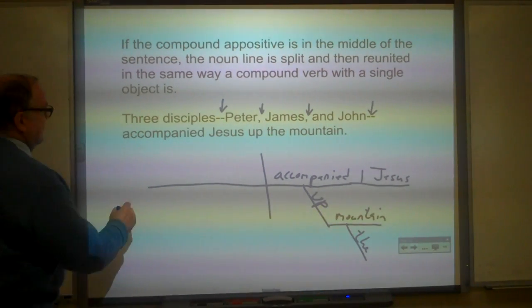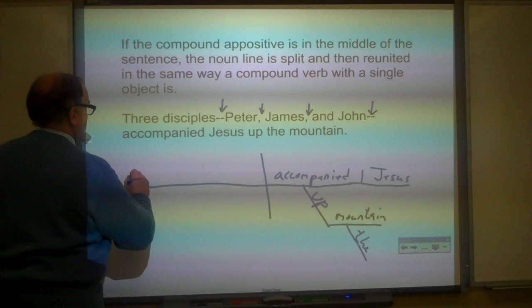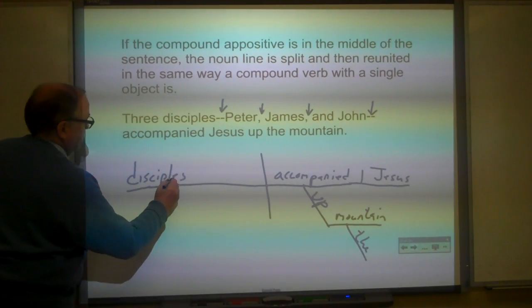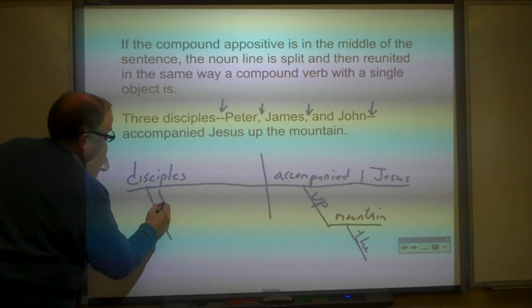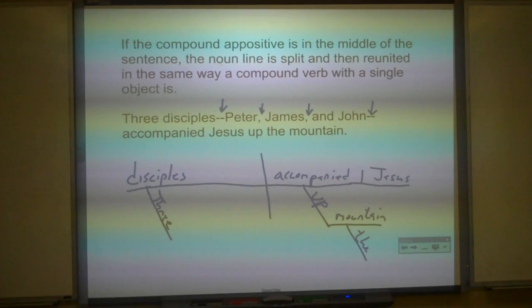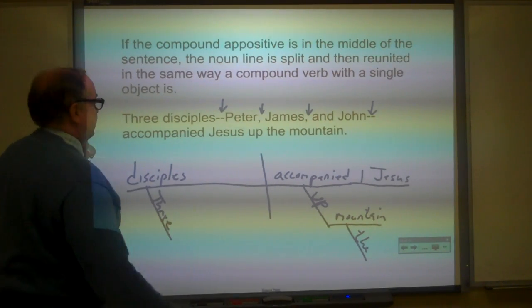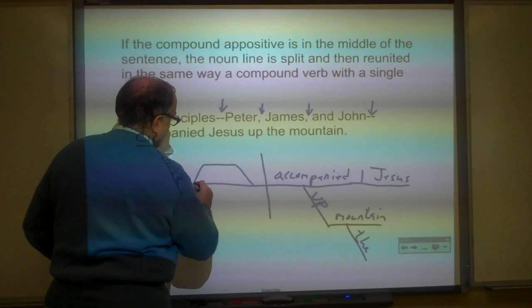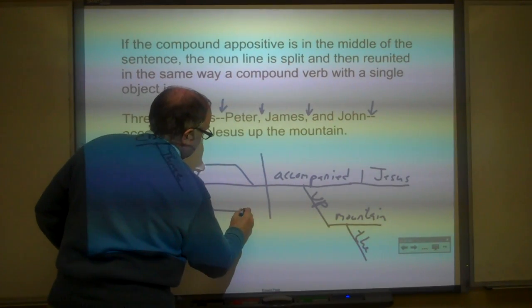And then, of course, the subject is disciples. Three modifies disciples. And then Peter, James, and John. So we would split the line three ways and then reconnect it like that.